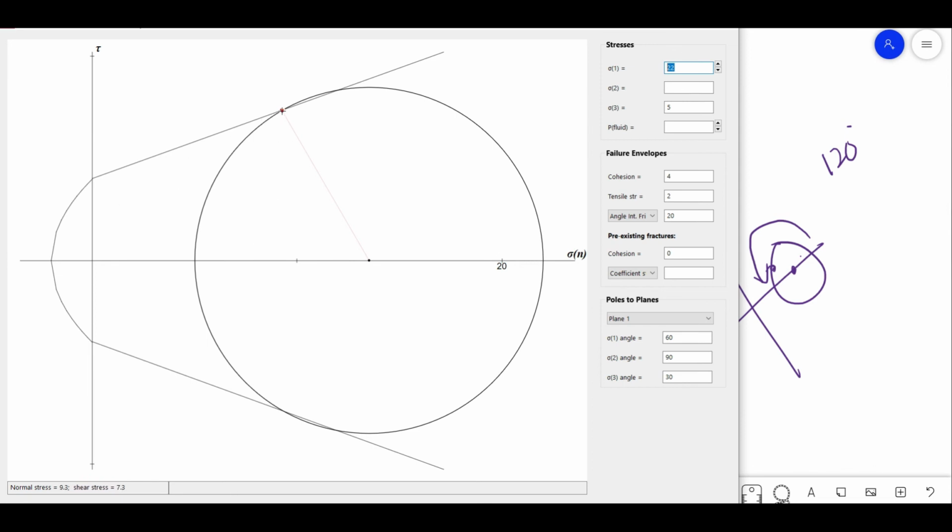That means at this value of sigma 1, this point is becoming the contact point between the straight line and the circle, and that's why we can say that this plane will fracture at a sigma 1 value of 22, sigma 3 value of 5, a tensile stress value of 2, and an internal friction angle of 20 degrees.